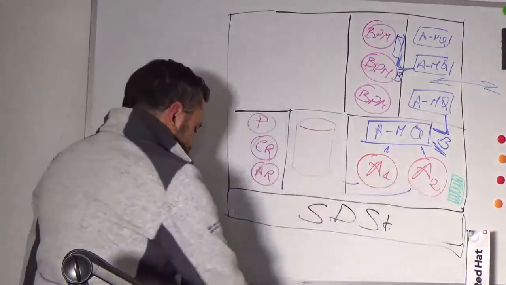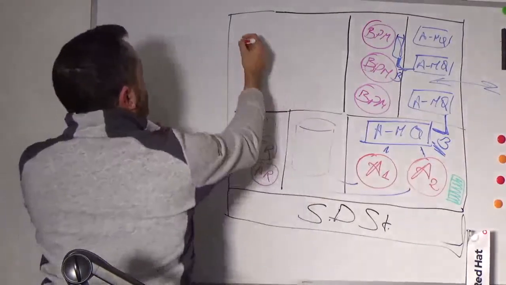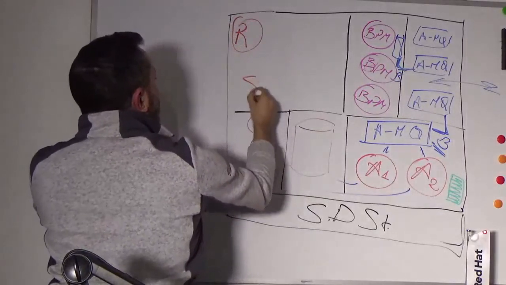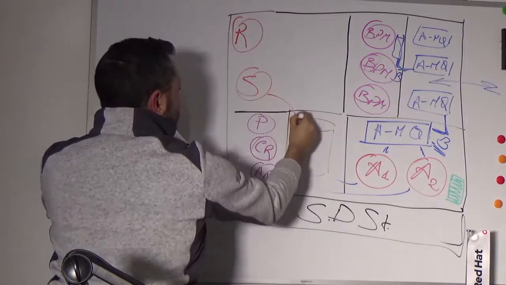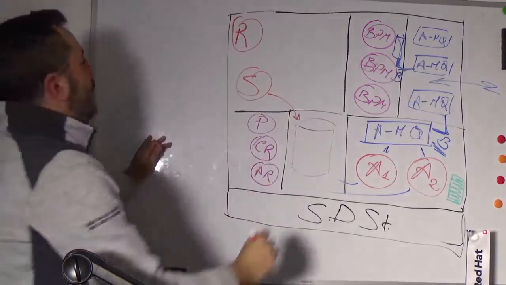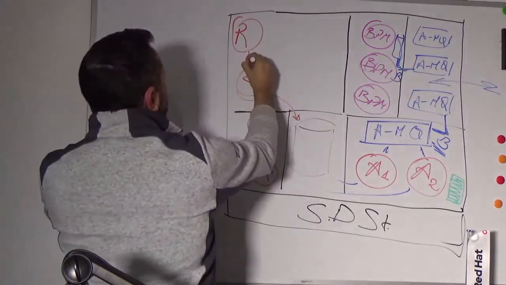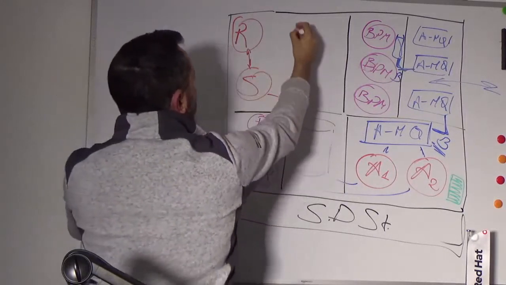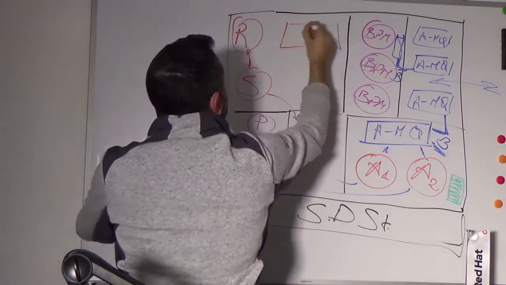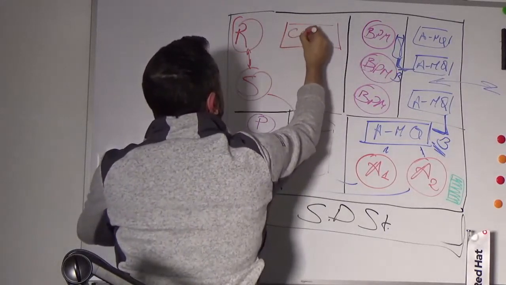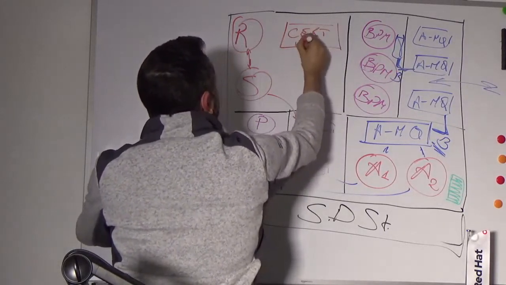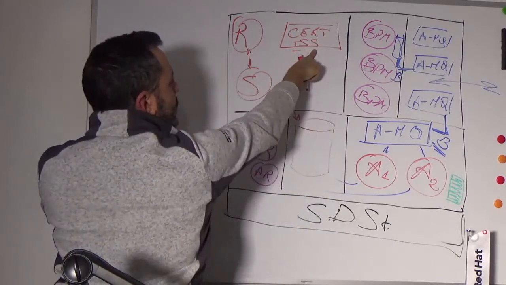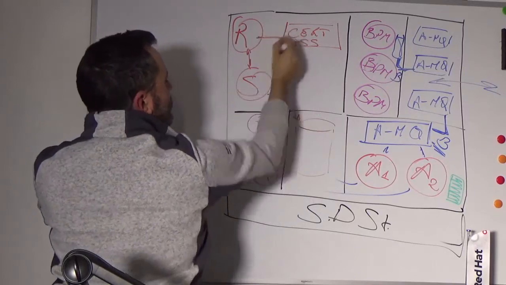So that's what I would do: the registration service, then a station service that connects to the database. The registration service depends on the station service, of course, and I would use, let's say, a certificate issuer. This would take care of the provisioning of the certificates.